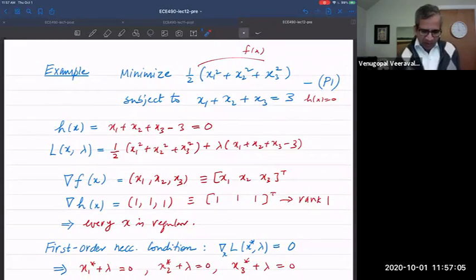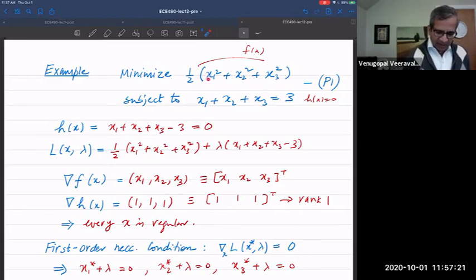One thing we can do is apply something we know from lecture 10 on optimization over convex sets. So that's one approach.